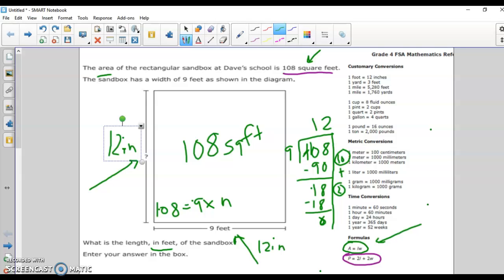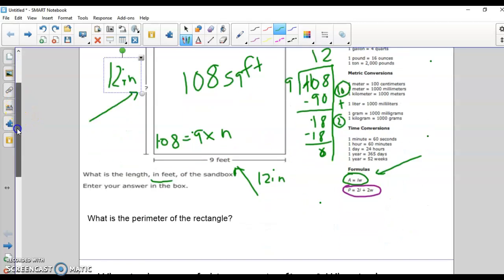Now, if you found your length, they might ask you a separate question. They might ask you to find the perimeter. Perimeter, again, is adding up all your sides. So you would add 9 and 9 to get 18, and 12 and 12 to get 24. 18 and 24 would be 42. But since this question is not asking for it, we're going to move on to something called composite shapes.